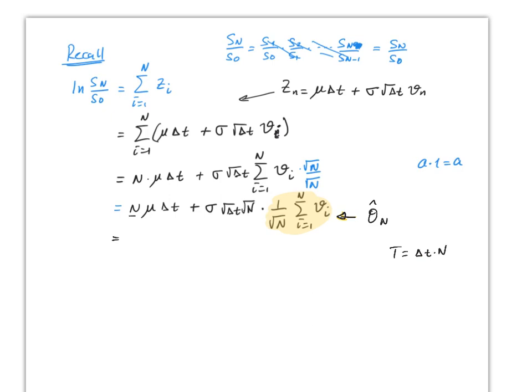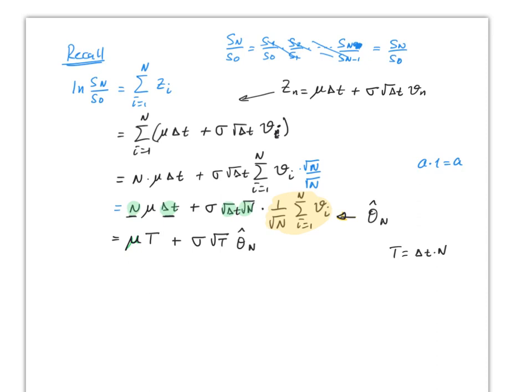So therefore, if you combine this and this, and this and this, you can simplify this to mu t plus sigma the square root of t times theta hat of n.